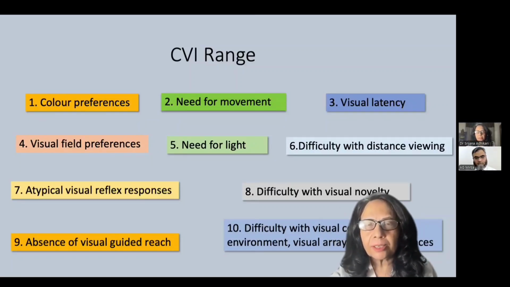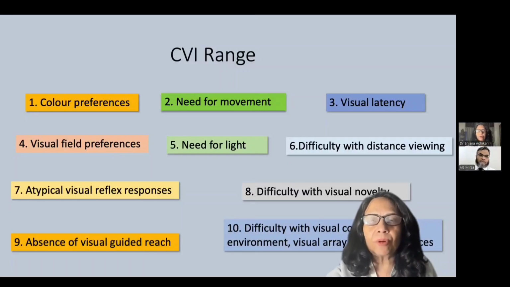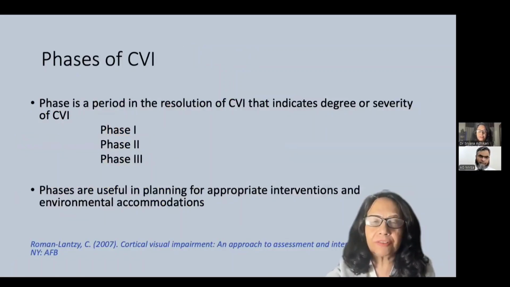According to whether the child has any of these, we categorize CVI into three different phases: phase 1, phase 2, and phase 3.